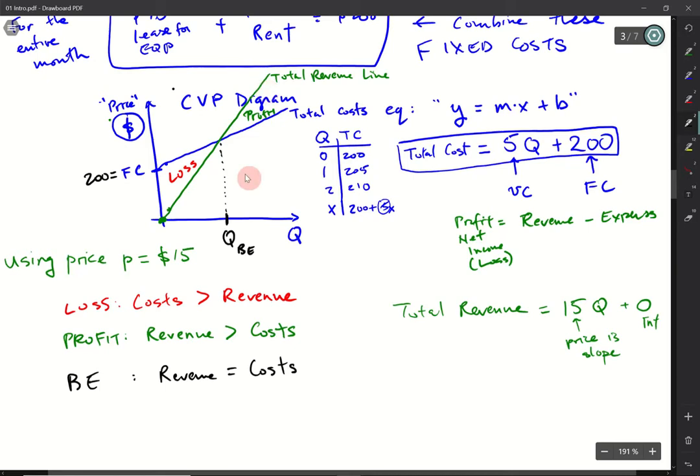Okay. So when businesses start out, their revenue is very, very small. But they have salaries to pay, they have rent to pay, they've got all of these costs, and so when businesses start out, they typically start out at a loss.